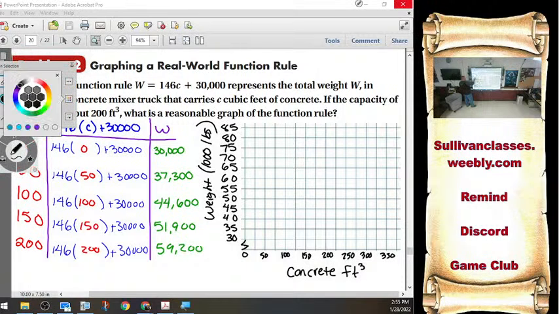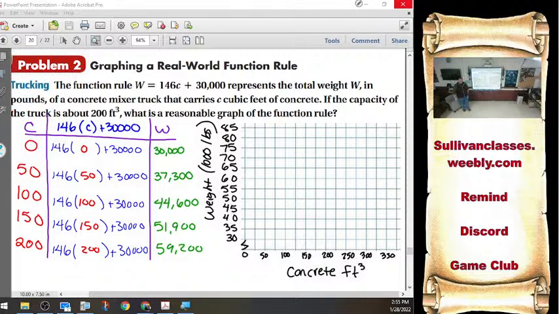Plot points. And we're going to have to guesstimate on some of these because my scale is so wonky. Okay, so 30,000, 30,000, that's easy peasy. But when I'm at 50 and then 37,300, where is that going to be? Okay, so at 50, in between 35 and 40, and 37,300 is going to be about halfway. Fill in the rest.